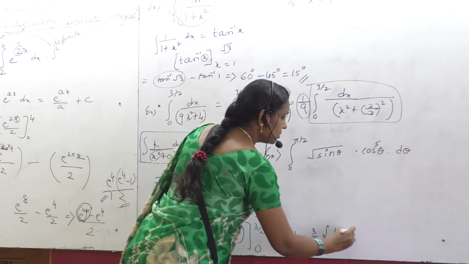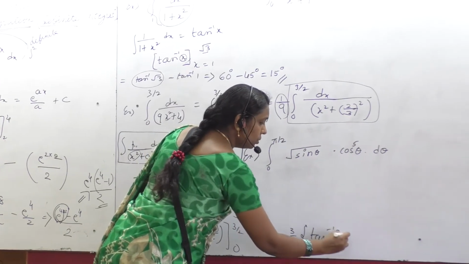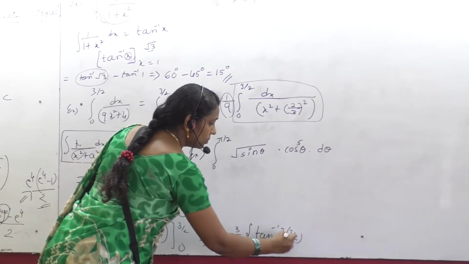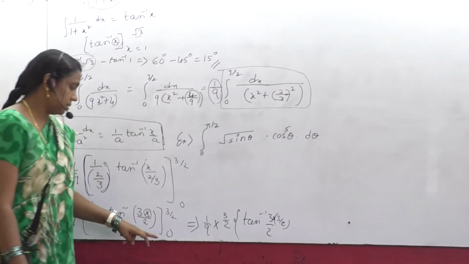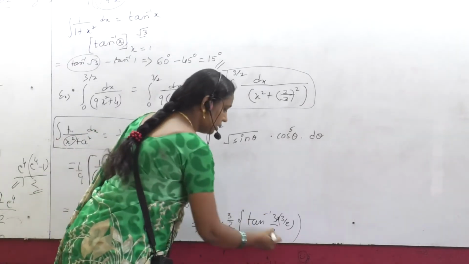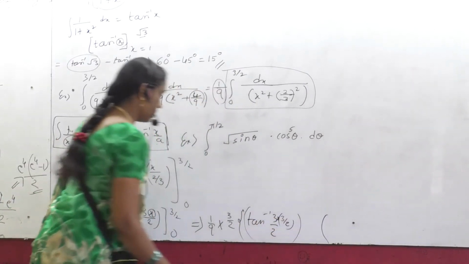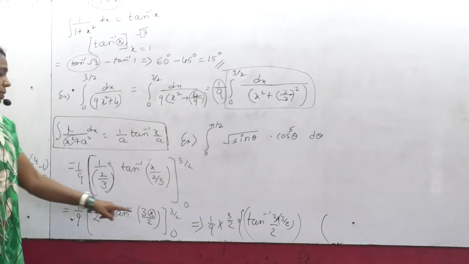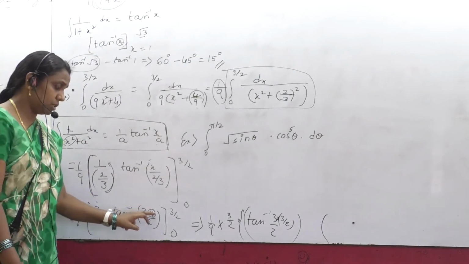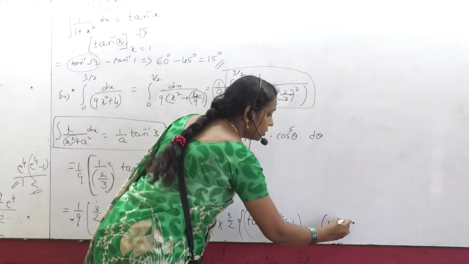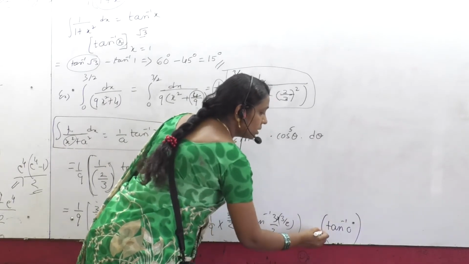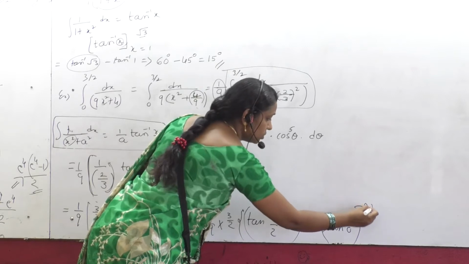Tan inverse 3 by 2, and here 3 by 2 into x. Next, this is the upper limit. Lower limit, you just check this out, 0. In place of x, if you put 0, 3 into 0 is 0, 0 by anything is 0, tan inverse 0 you will be getting. So tan inverse 0 is nothing but 0. This is 0. Please do remember.